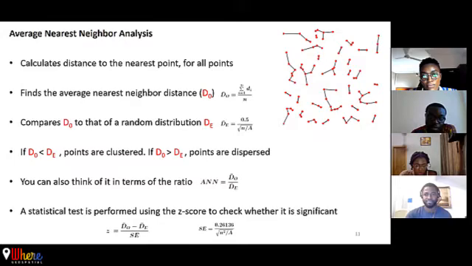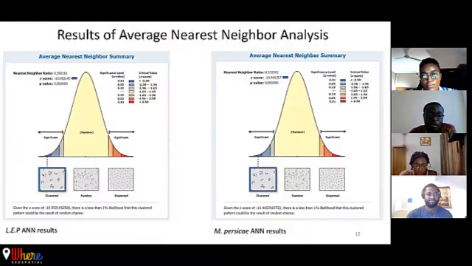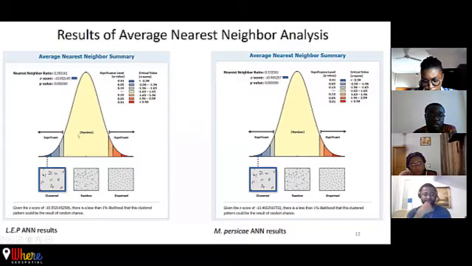So we have the Z-score, which you plot on the normal distribution I mentioned earlier for the random distribution. On my left-hand side, if you can see my mouse, are the results for LEP insects. Where you see this large area in the middle, with the caption random, is the place where, if the Z-score falls there, it means the points are occurring at random.